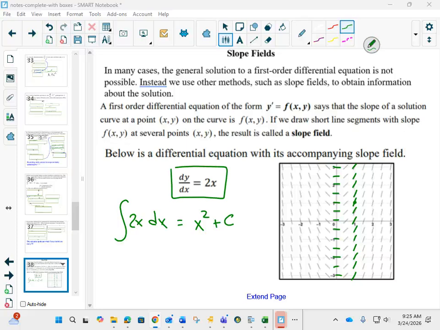You throw in a random point. Okay? Can you pick me a random point that's on this, somewhere on here? Negative 2, and then 2, that would be this point right there. Okay?